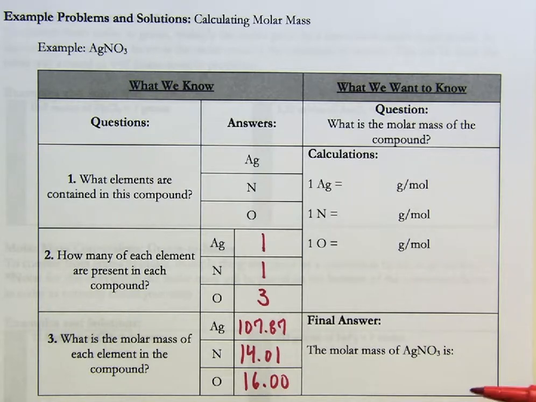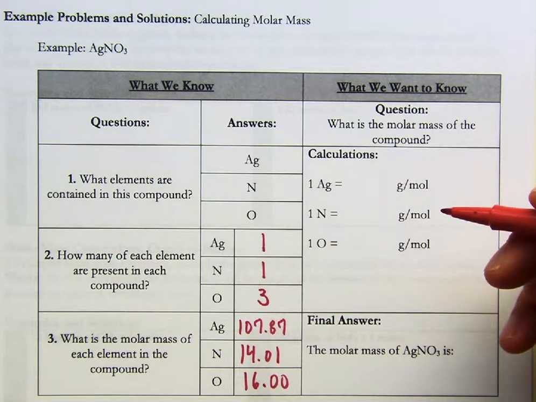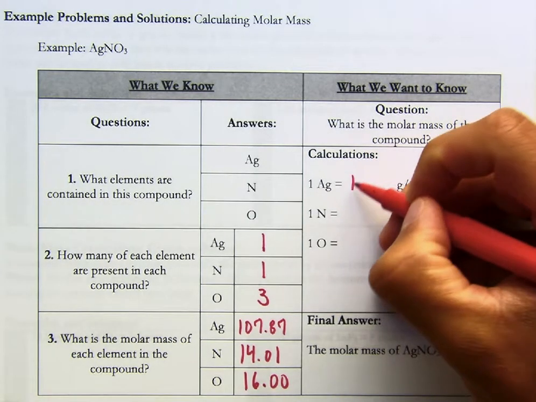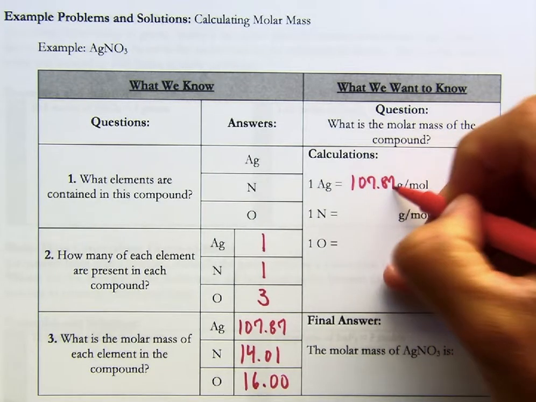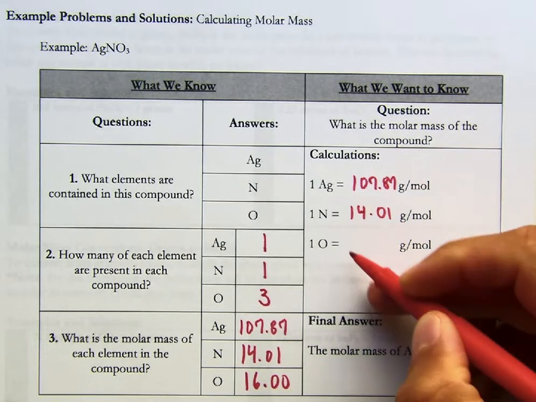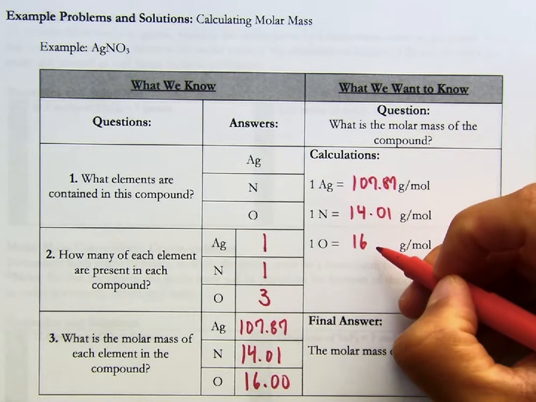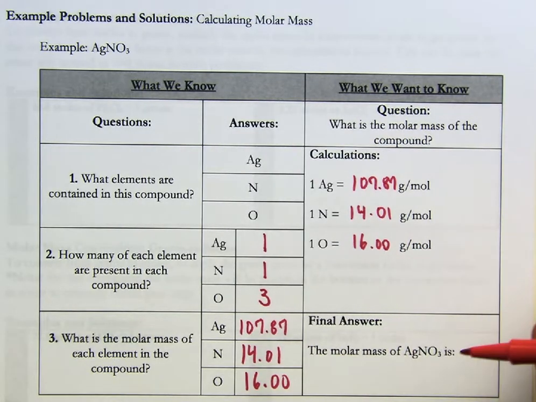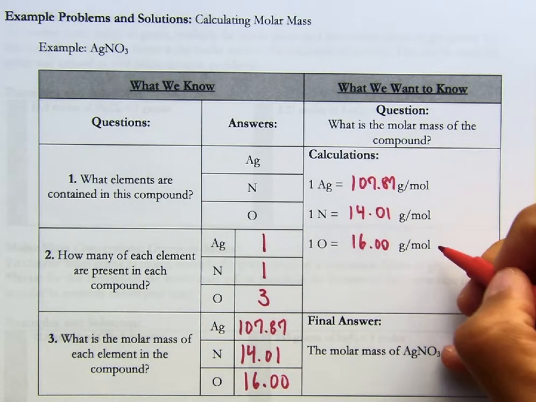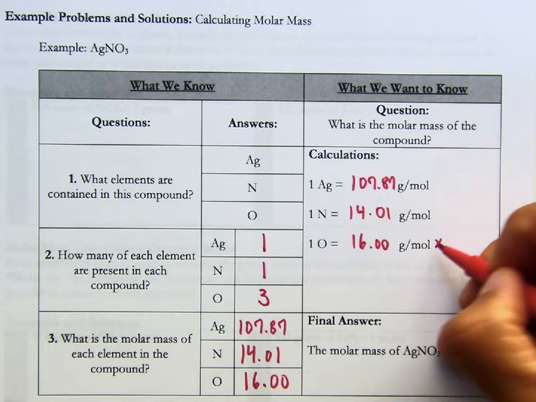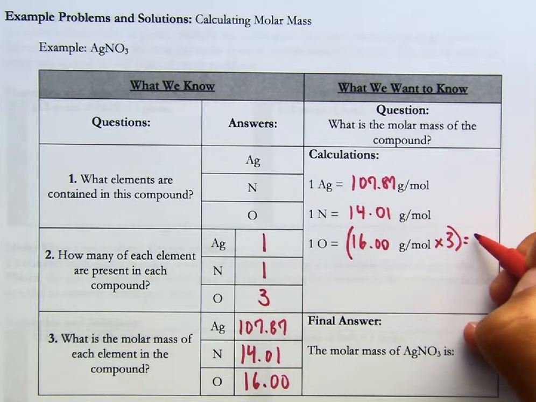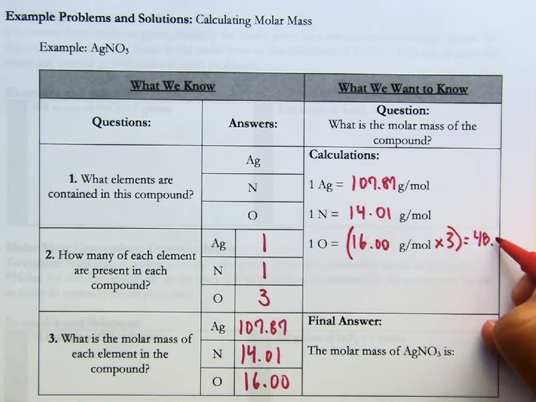Now, we're going to calculate what the molar mass is. 1 Ag is 107.87 grams per mole. 1 nitrogen is 14.01 grams per mole. And then oxygen is 16 grams per mole. Now, we have 3 oxygens. So this needs to be multiplied by 3, which gives us 48.